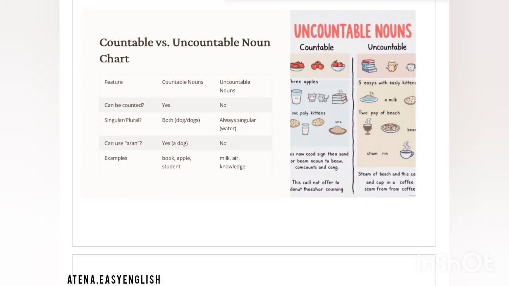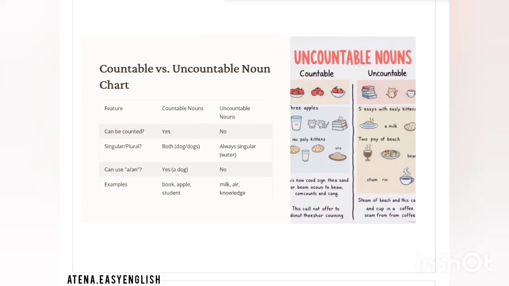Very well. And look at here. Let's have a comparison between countable and uncountable nouns. The feature here: countable, uncountable. Can be counted? Countable, yes.